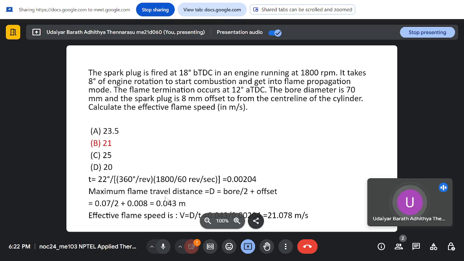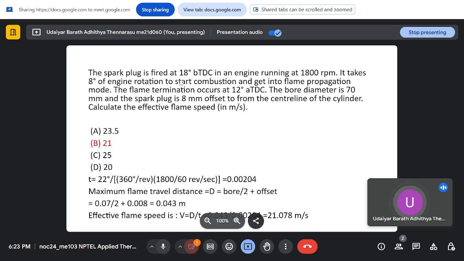The maximum flame travel distance: because the spark plug is at an offset, the maximum will be to the opposite side of where the spark plug is. So it will be half of the cylinder diameter plus the offset, the maximum distance to which the flame has to propagate. So the maximum flame travel distance will be bore by 2 plus offset.